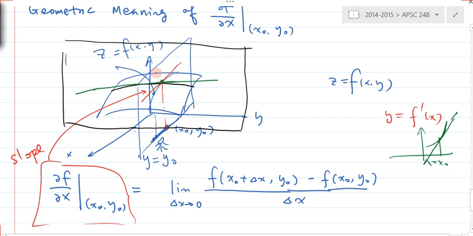Now, if we're thinking in terms of a plane to approximate this surface, remember, what determines the plane? You need a point on the plane and a vector perpendicular to the plane. So where would that perpendicular vector come from?